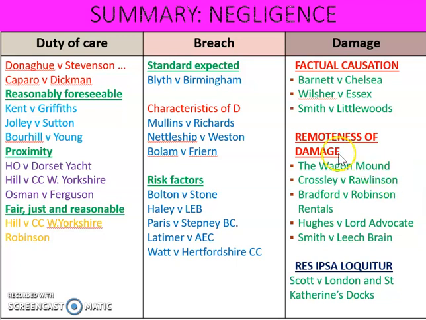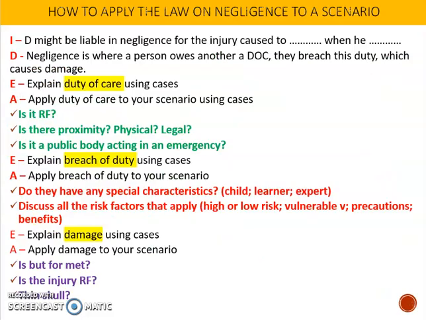So I'm going to start by reminding you of the IDEA structure that we use to answer a negligence scenario. On this slide then, I've got the IDEA structure, and I'm using the IDEA with the EAEA structure. So you're going to start off, as always, by identifying the issue. So your defendant, and pull out their name from the scenario.